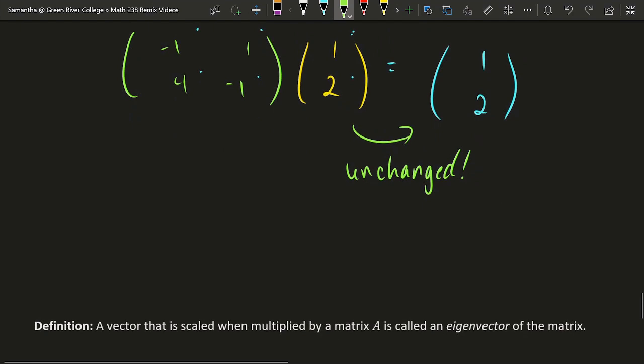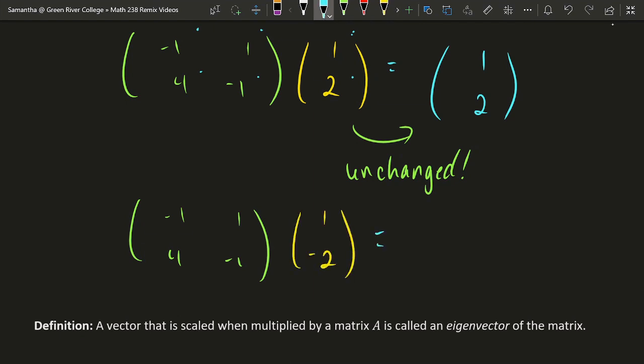If I feed this matrix yet another vector, for example, 1, -2, then -1 times 1 and 1 times -2 would give me a result of -3, I think.